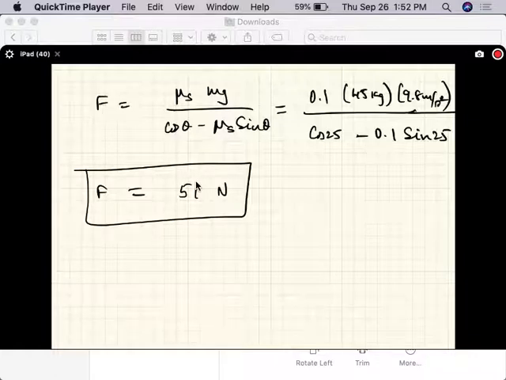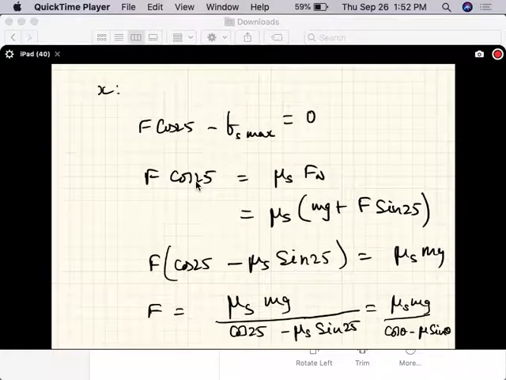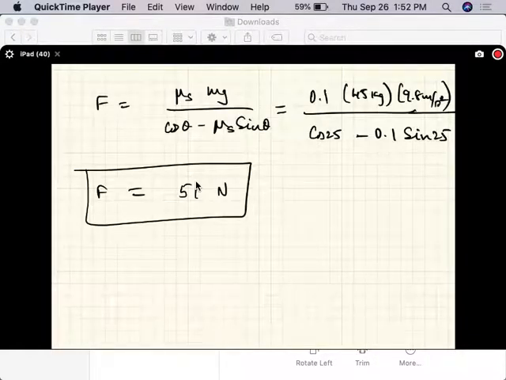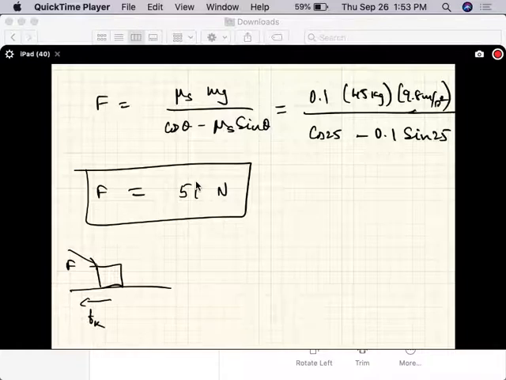Okay, once the block starts, the coefficient of friction decreases. The kinetic coefficient of friction is smaller, so now the block will start accelerating. Okay, so now let's look at the x component of the motion once the block starts moving. Now the friction force is the kinetic friction force, and the x component is F cosine theta.